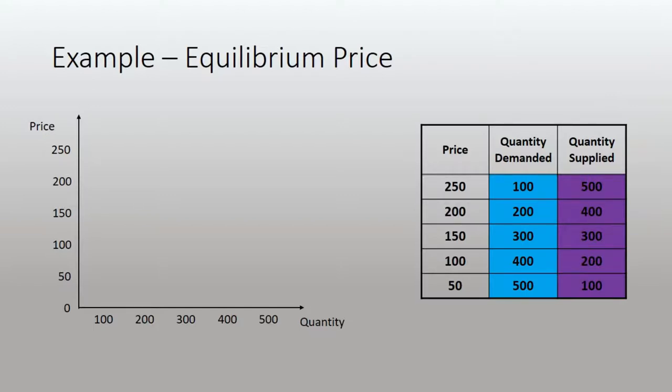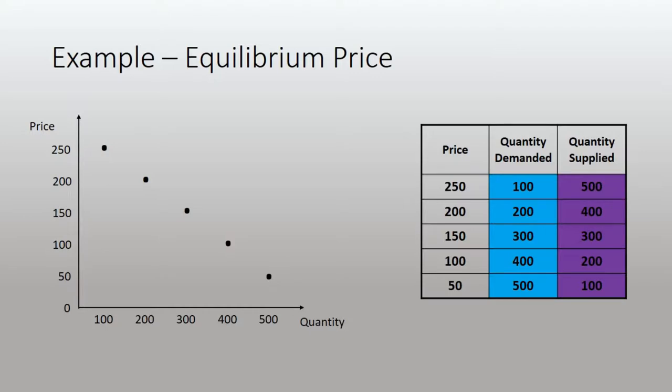We can start off with demand. So at price 250, the demand for this good is 100. At price 200, the demand is also 200. At price 150, we demand 300. At price 100, we demand 400. And at price 50, we demand 500.